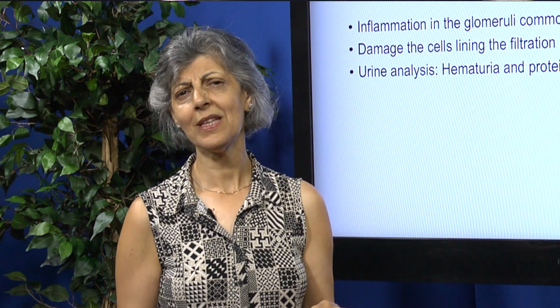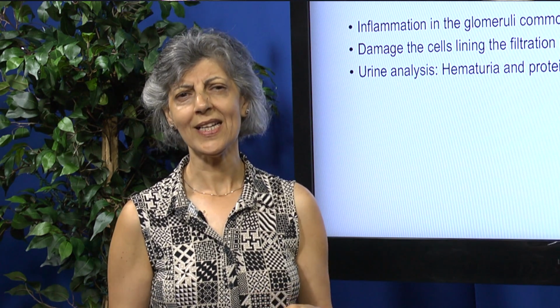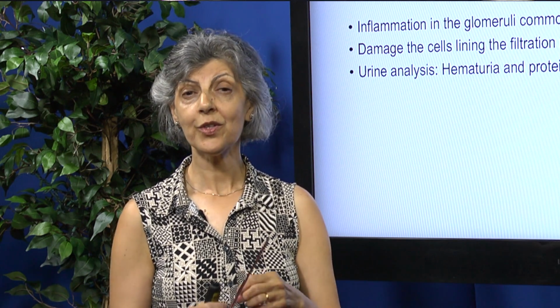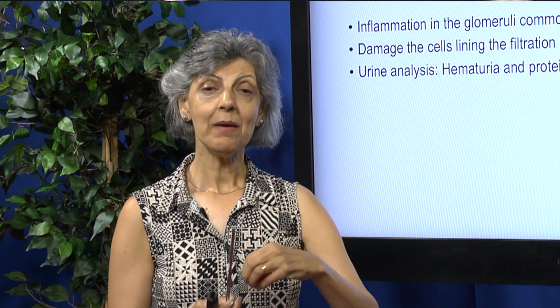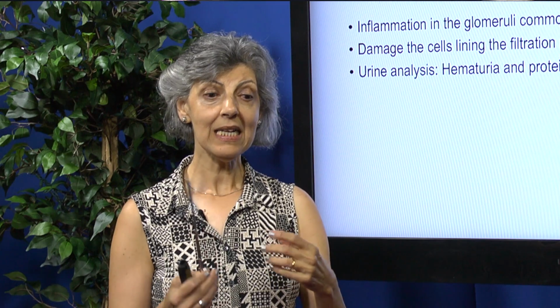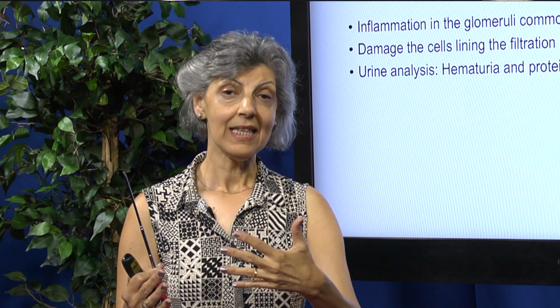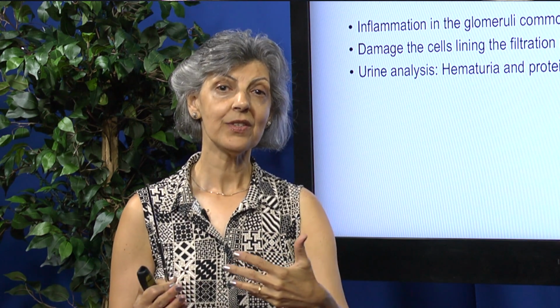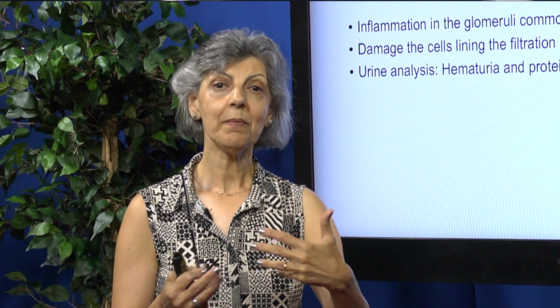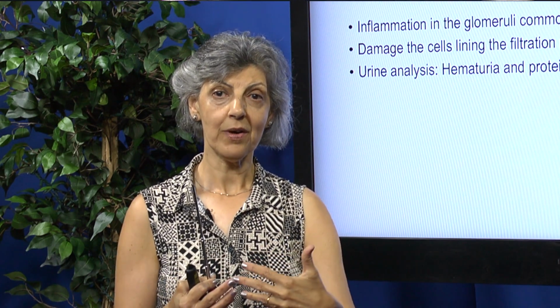What happens with inflammation? Swelling, damage. So there's going to be damage of the filtration membrane. The pores are going to be wider, and now my filtrate is not going to keep in the larger particles.